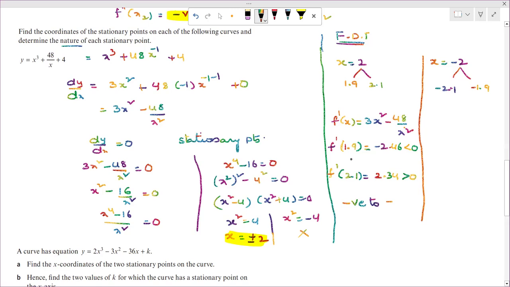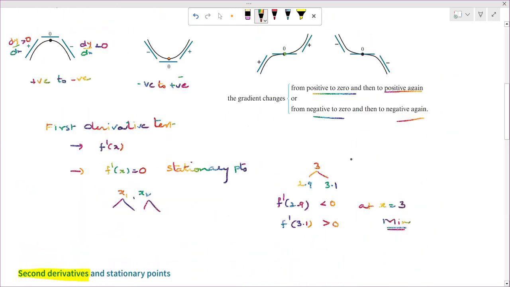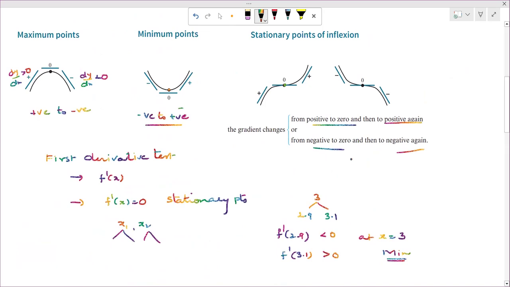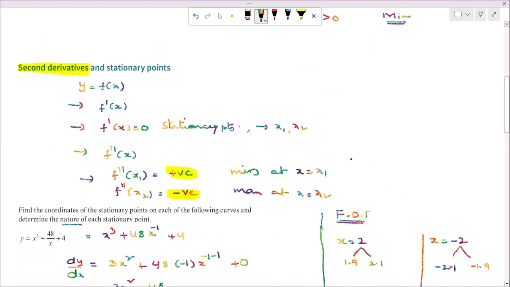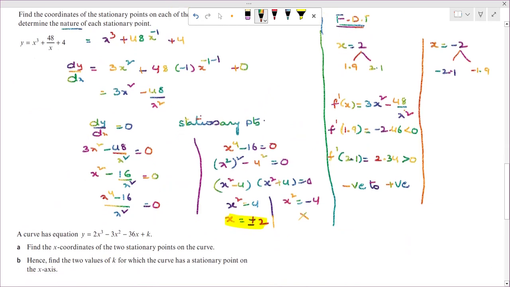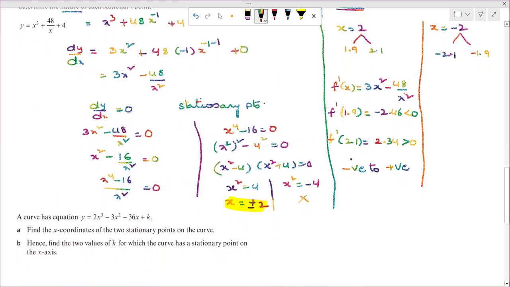Negative to positive means what? What did I say to you here in the starting itself? A negative to positive means it will be minimum point. So at x is equal to 2, f of x has minimum. F of x has minimum when x is equal to positive 2.